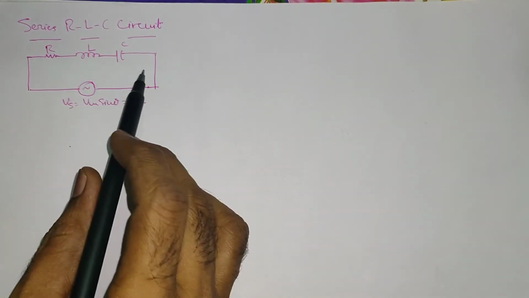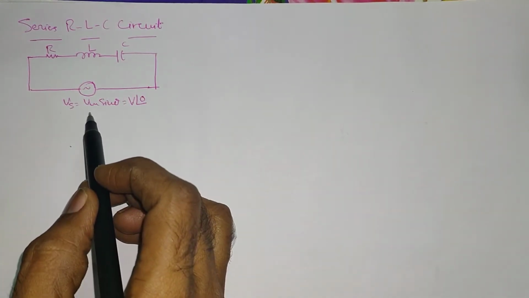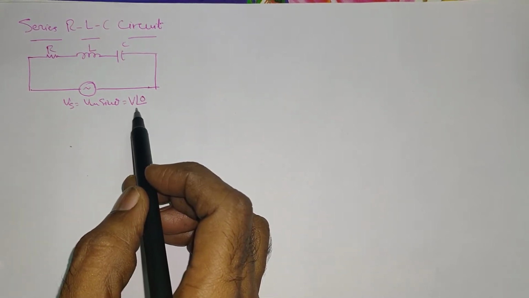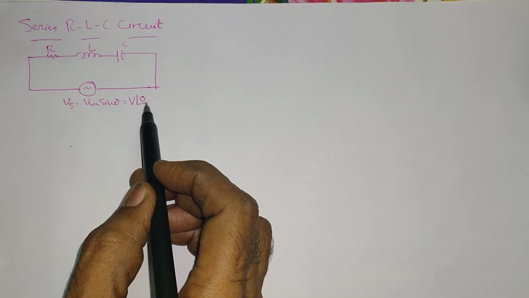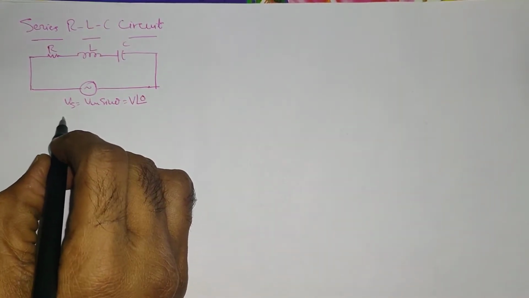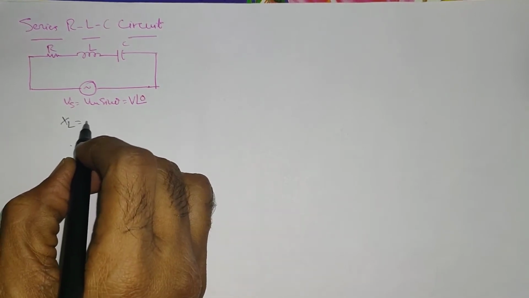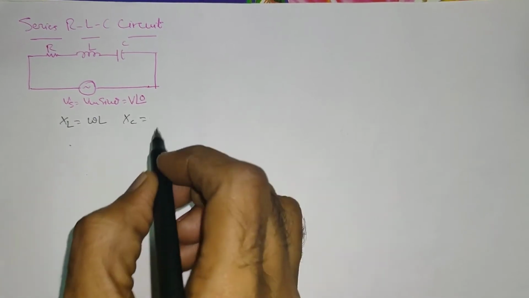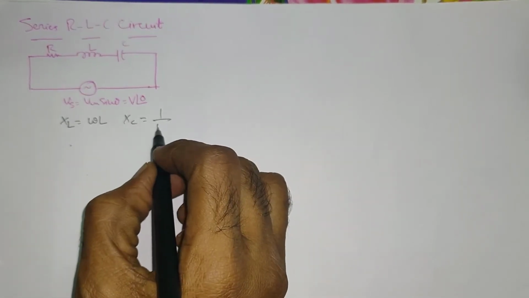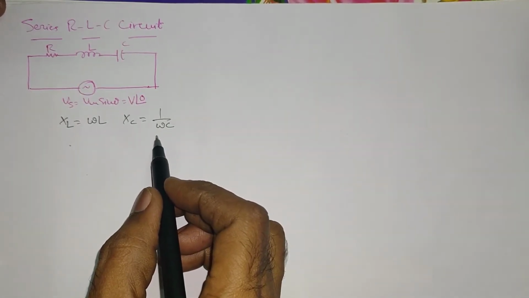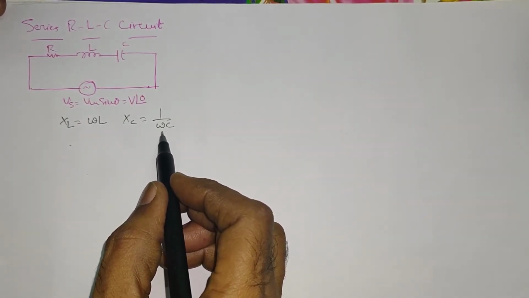Here the series combination is connected to the AC sinusoidal supply of Vs equal to Vm sin theta, represented in polar form as V at an angle of 0, and here we know that the inductive reactance is given as XL equal to omega L, and the capacitive reactance is given as 1 by omega C, where omega is known as the angular velocity, which is equal to 2 pi f.